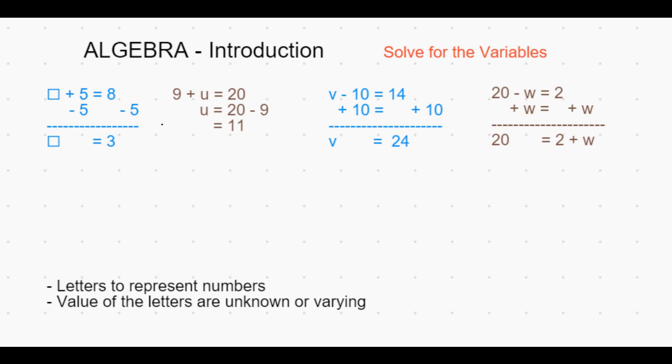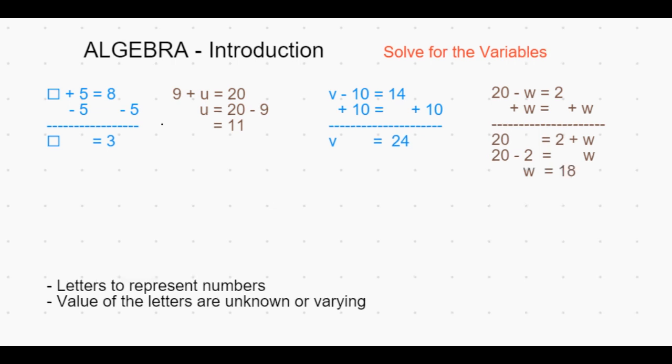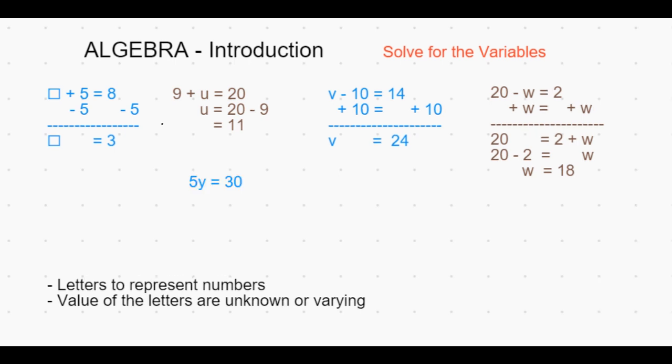This is similar to the second example. W plus 2 is equal to 20. So we subtract 2 on either sides of the equation, which means w is equal to 20 minus 2 is equal to 18. So let's now look at another example where we will introduce multiplication.